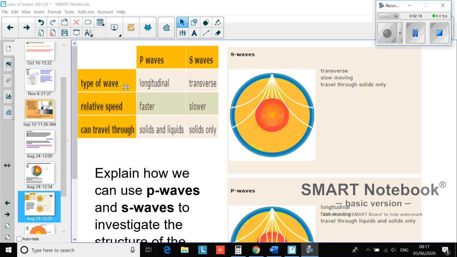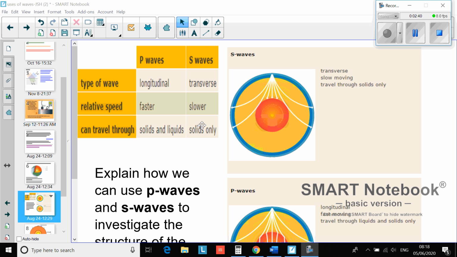So P waves are longitudinal, which means they are compression waves. They travel faster and can travel through both solids and liquids. S waves, so secondary waves, are transverse, they're slower, and they can only travel through solids.